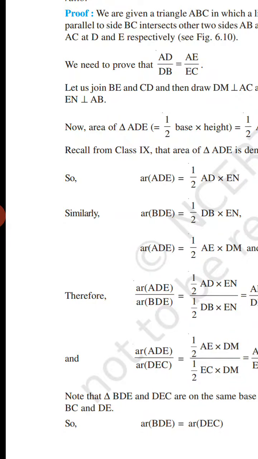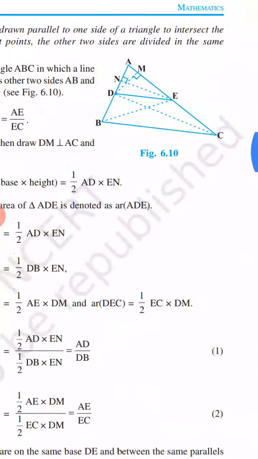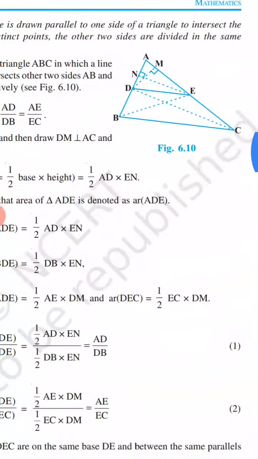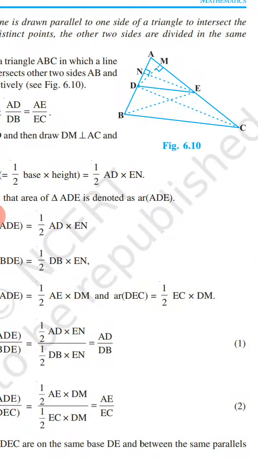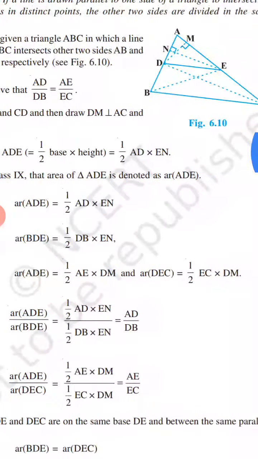and area ADE by area DEC. Again we can write, taking AE as base and DM as height, 1 by 2 AE into DM by area of DEC, which is equal to 1 by 2 EC into DM.